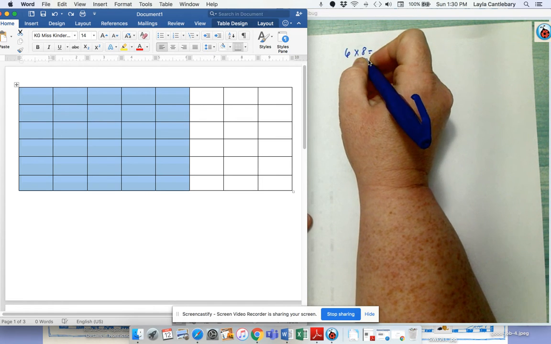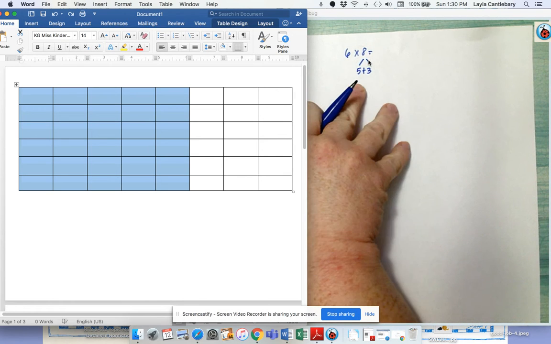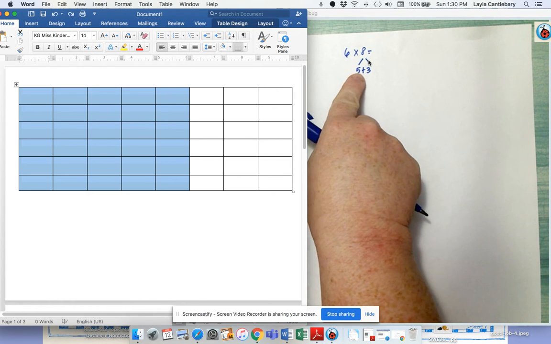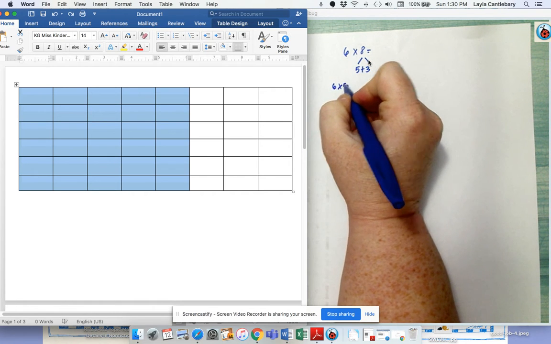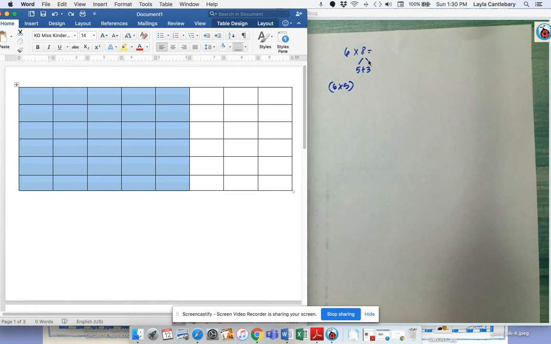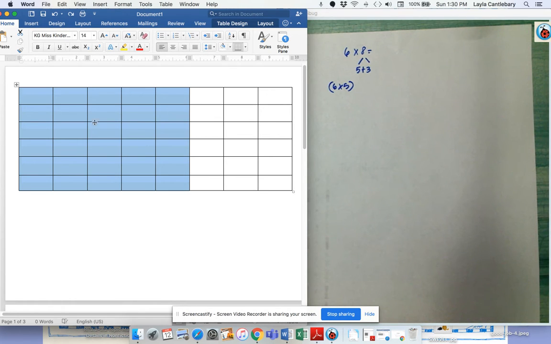So instead of solving it like 6 times 8, we are now breaking it apart into a kind of friendly number, a 5, and we're going to solve 6 times 5. And you can see that that is this blue area right here. That's 6, 1, 2, 3, 4, 5, 6 times 5, 1, 2, 3, 4, 5.